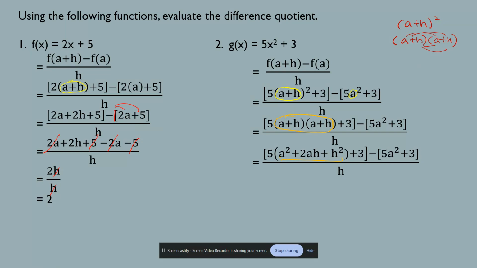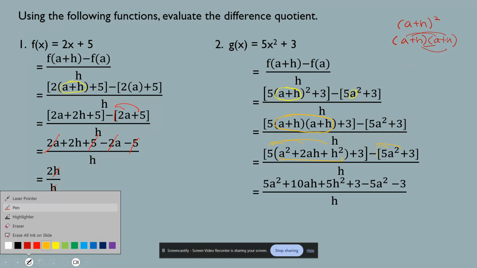Let's continue. I'm going to distribute my 5 like so, and also I'm just going to distribute my -1 here as well. So this is what you end up getting, 5a squared plus 10ah plus 5h squared plus 3 minus 5a squared minus 3, everything over h.